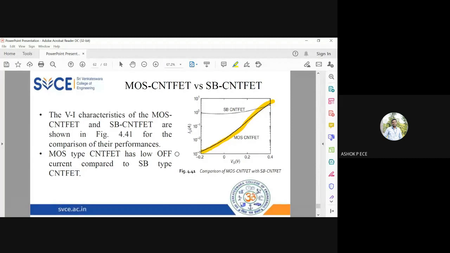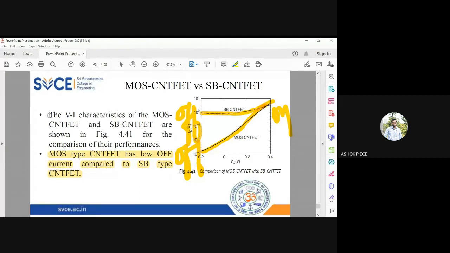This is your off state and this is your on state. And in the Schottky barrier, even in the off state, the current you see here is much larger. So that's what they say: MOS type CNTFETs have a low off current compared to Schottky barrier type carbon nanotube FETs.